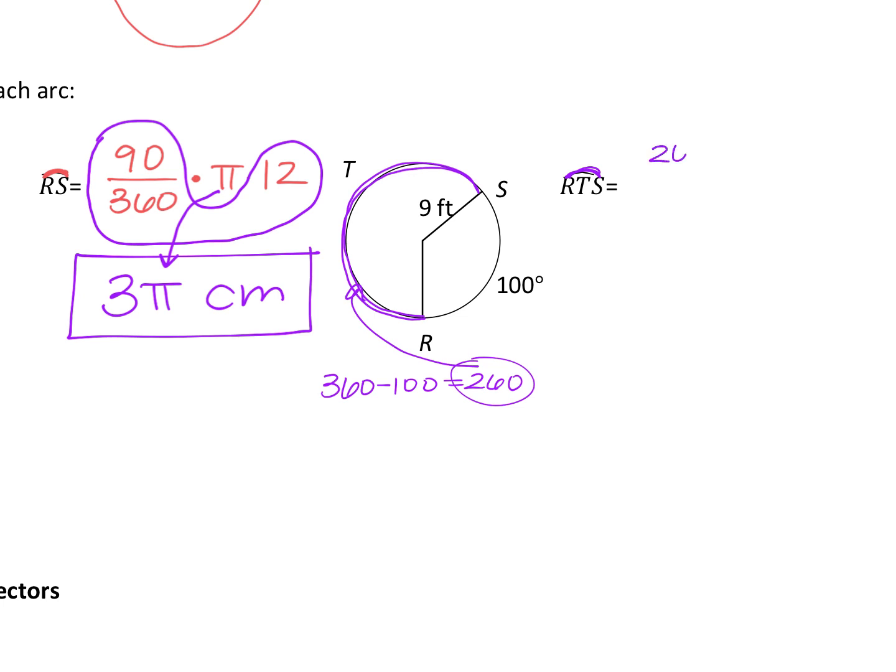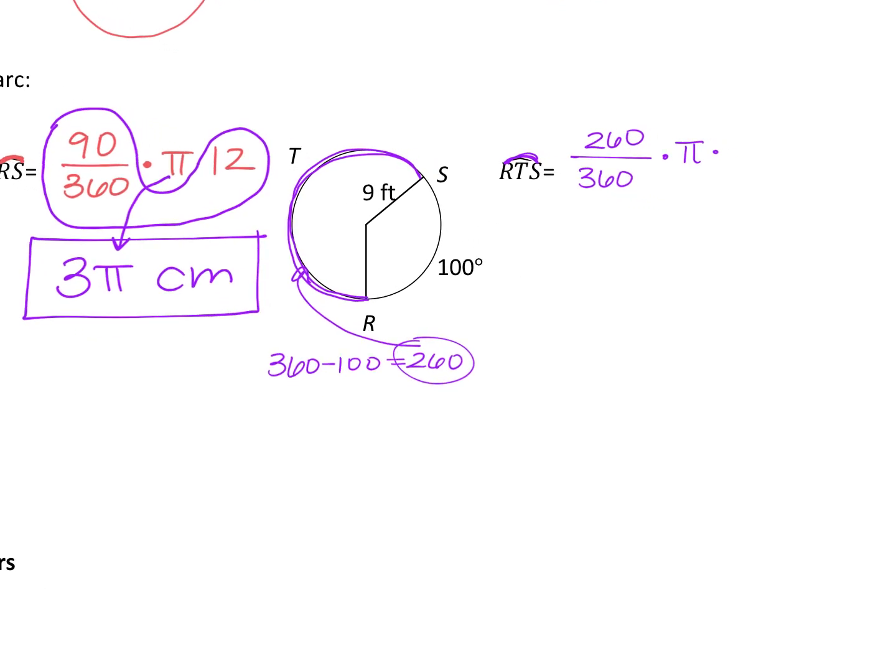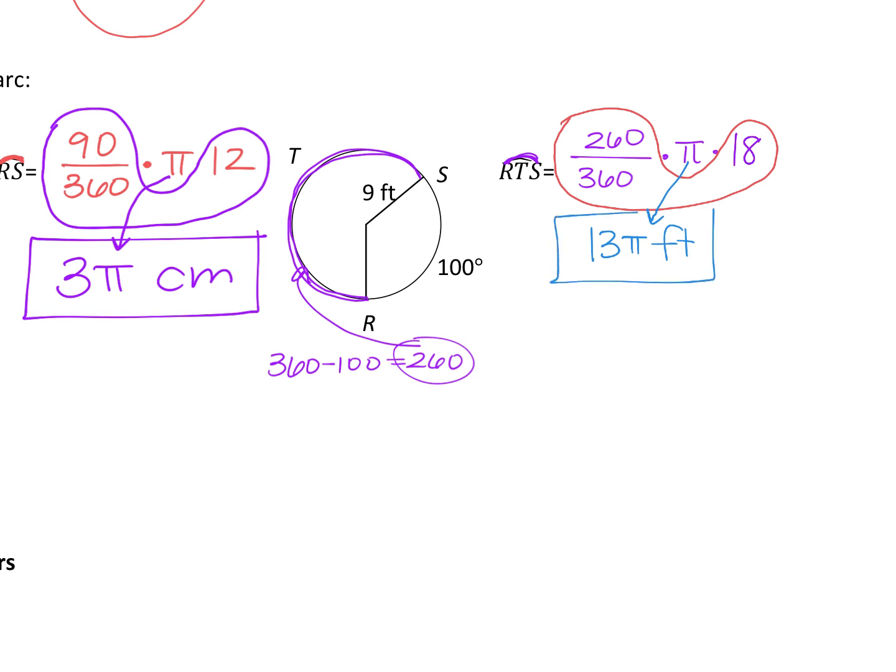So we're going to go 260 over what? 360 times pi times, not 9, 18, the diameter, right? Times the diameter would be 18. So you're going to plug this into your calculator: 260 divided by 360 times 18, and you get 13. Then drop the pi in. And then whatever your units are, this is feet, so 13 pi feet.